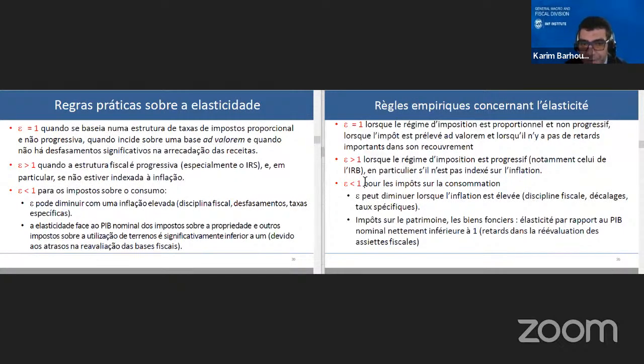Quoi d'autre? What else? Je ne compte plus. Value added tax. Okay, okay. Hubert, vous avez une remarque à faire?